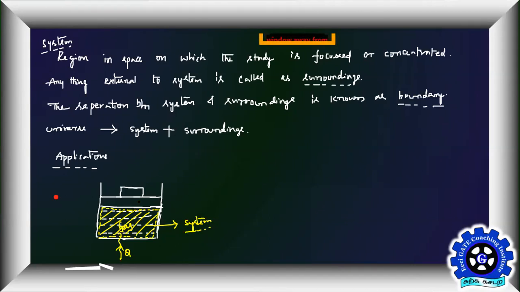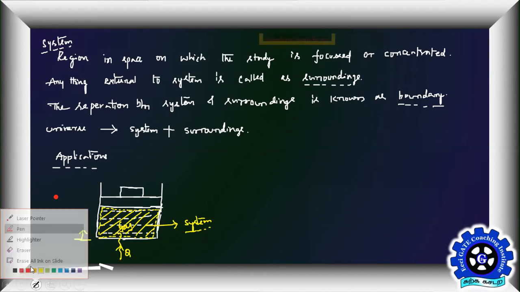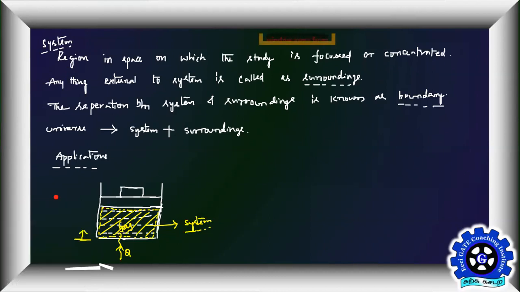So here the gas sitting inside is applying a pressure. What's the direction of the pressure force? Say if this is the y direction. Upward, very good. The gas is applying a force on the piston walls, in this direction.